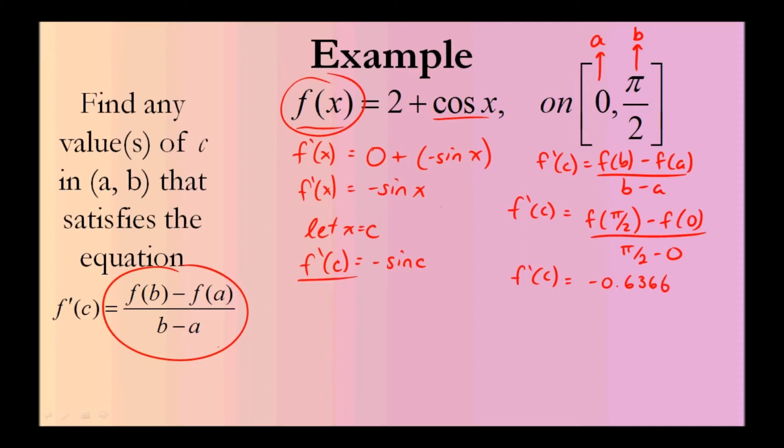Now what do we have here? We have f prime of c is equal to negative sine of c, and f prime of c is equal to negative 0.6366. All we need to do now is combine these two equalities into negative sine of c is equal to negative 0.6366. We can get rid of the two negative signs by dividing by negative 1.